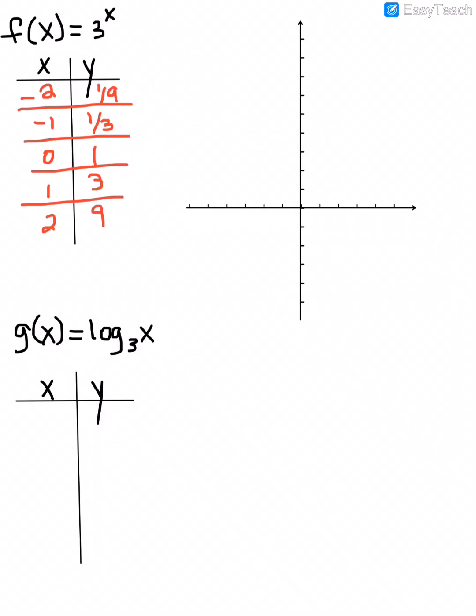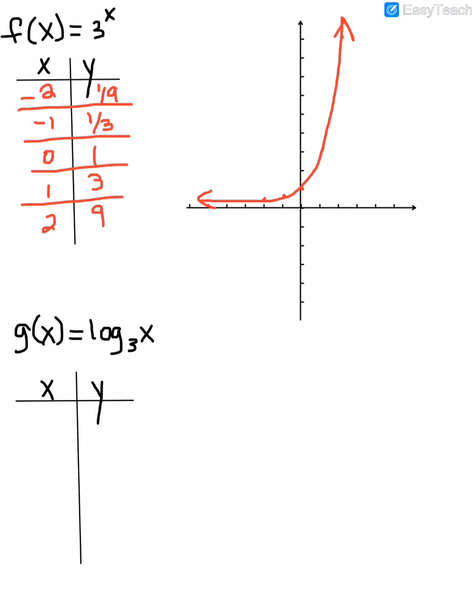Okay, so if I plot these points on the graph like this, and I connect those points, this is what the graph of our exponential function looks like. And we did that in the last lesson. So that's what the exponent looks like.